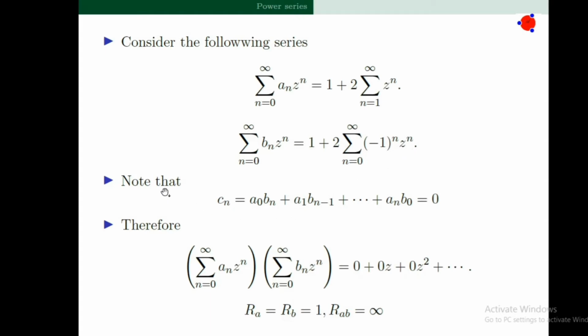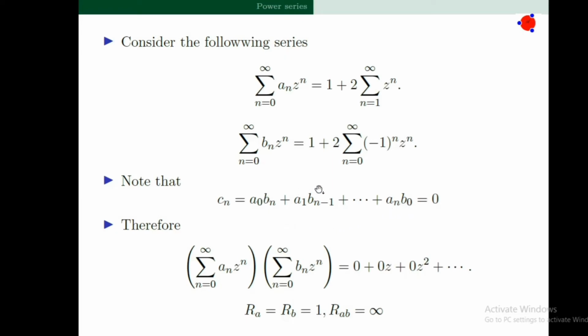So the Cauchy product of the series Σ a_n and Σ b_n is given by Σ c_n z^n, where c_n is a_0 b_n plus a_1 b_(n-1) plus etc., a_n b_0.